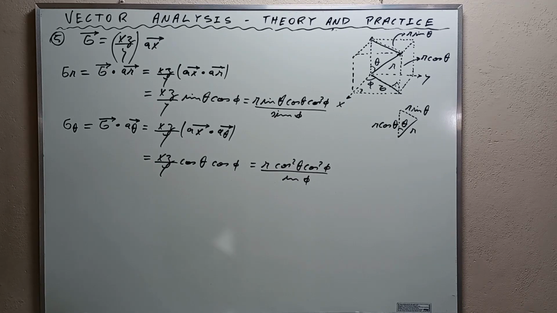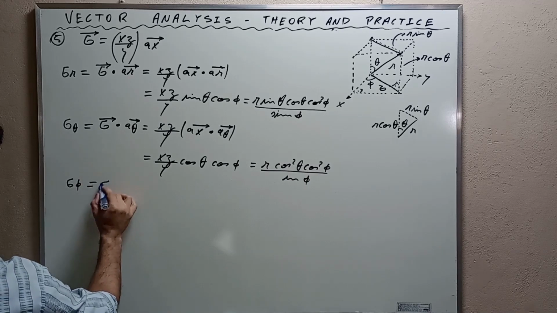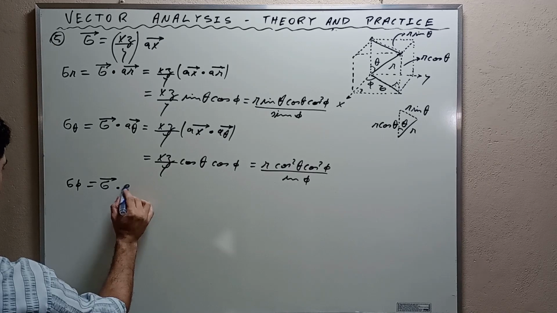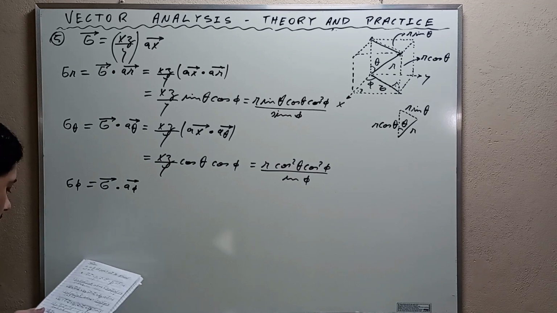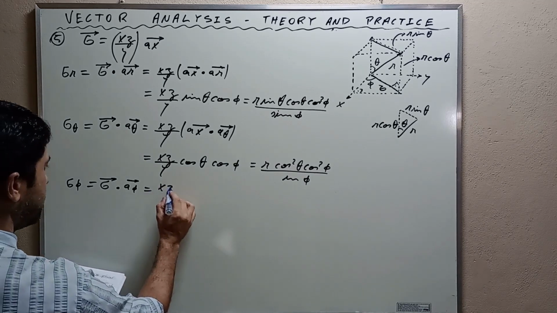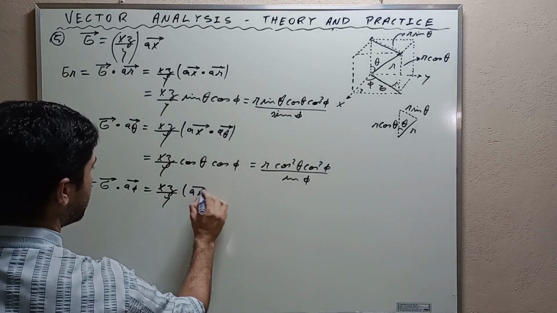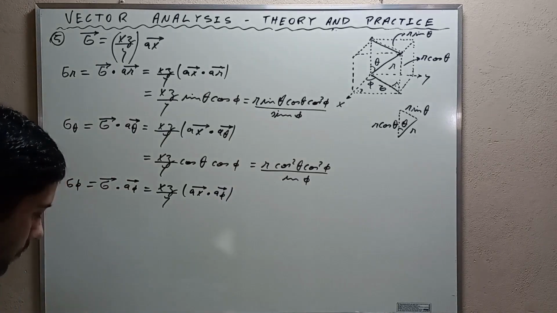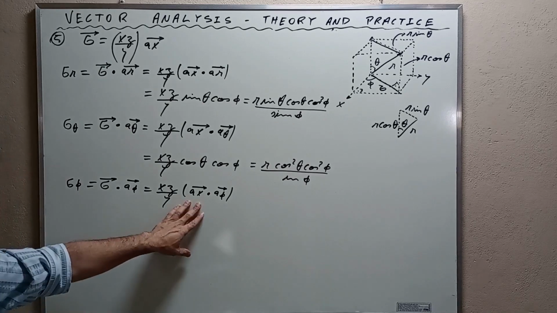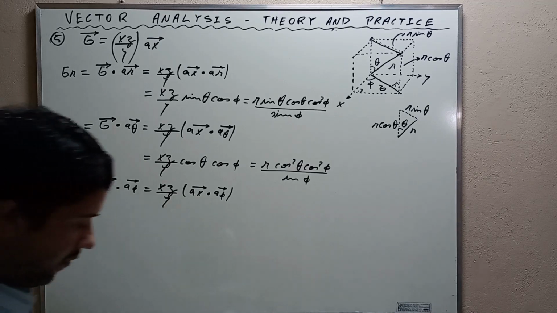And to finish, we are going to find the component of the vector in the phi direction. G phi is equal to G in a dot product with a phi, and this is equal to xz over y ax dot a phi, and the dot product of ax with a phi is negative sine phi.